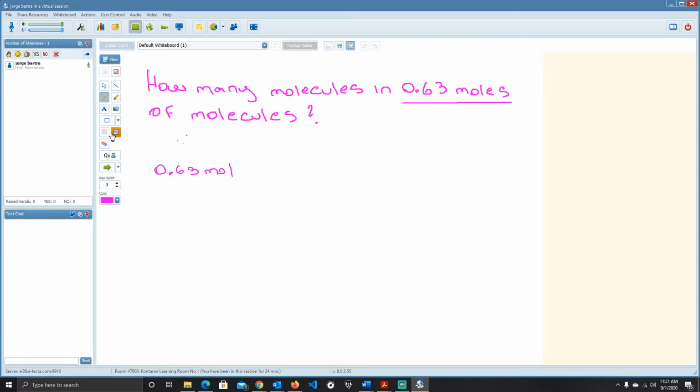You can say I have 6.022 times 10 to the 23 hot dogs, 6.022 times 10 to the 23 cars. It's just a way of saying, I want to make this big number into something smaller. In this case, they're giving you that smaller amount, which is 0.63 mole. That's the reason why we start with that.